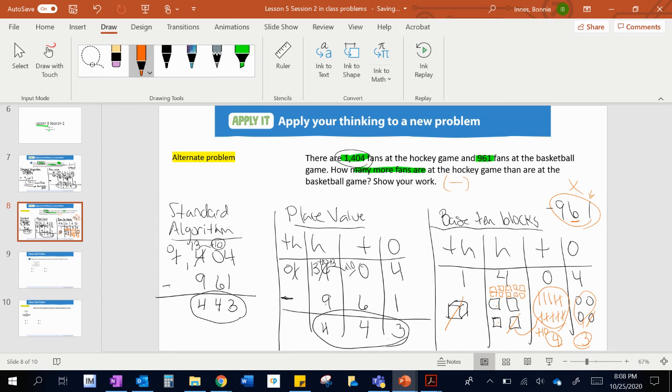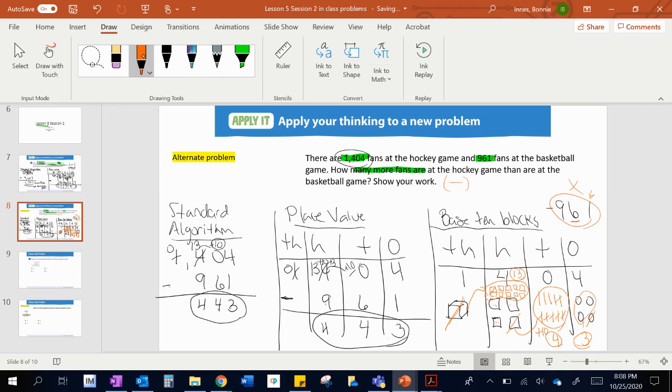Let me just move the arrow up here. This is my group of 10 that I regrouped over here from my thousands spot. So I have no thousands left. And I have 1, 2, 3, 4, 5, 6, 7, 8, 9, 10, 11, 12, 13. So far I have 13 here. I need to take away 9 though. So I know this is a group of 10.